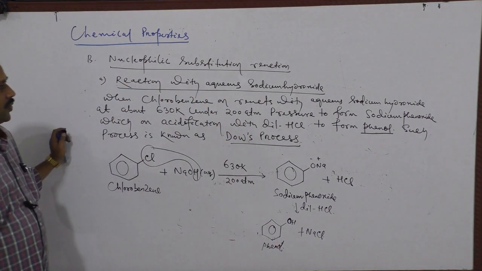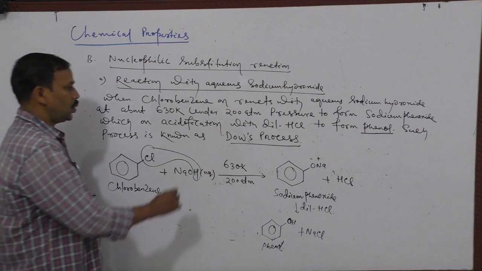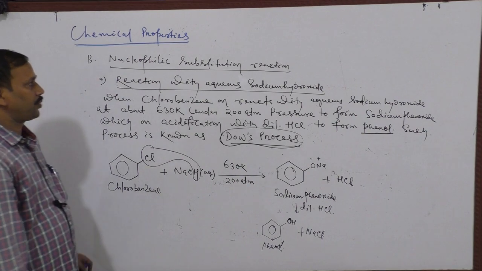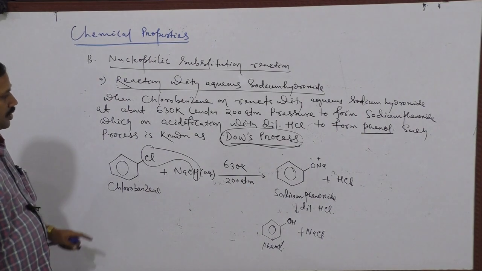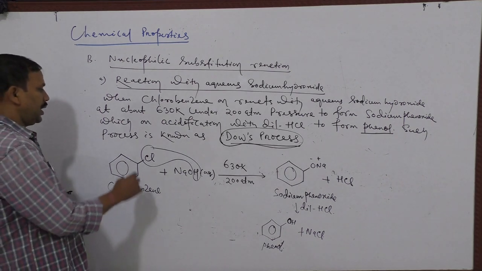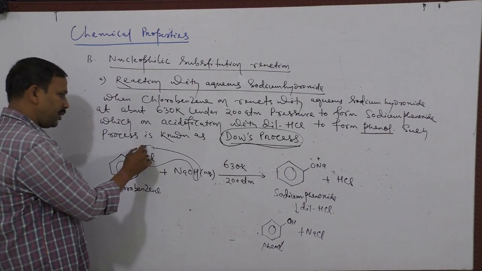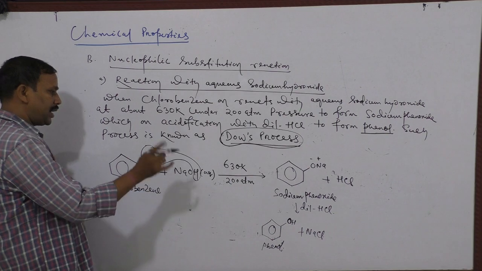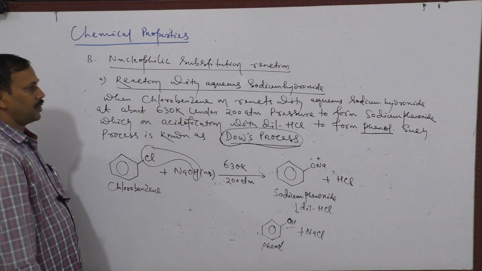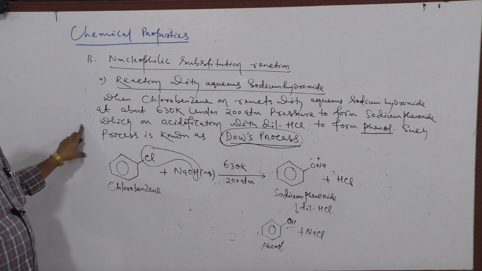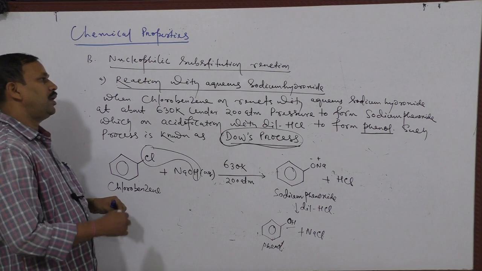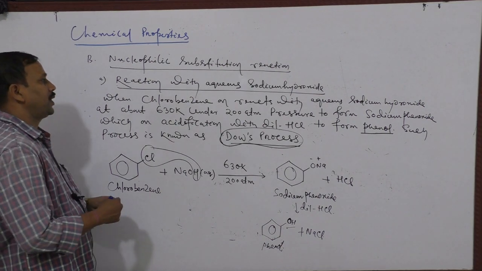Such a process was proposed by the scientist Dow, so it is named the Dow process. In this reaction, the nucleophile replaces Cl minus, and finally OH enters. But this reaction occurs at a slower rate than that of alkyl halide.